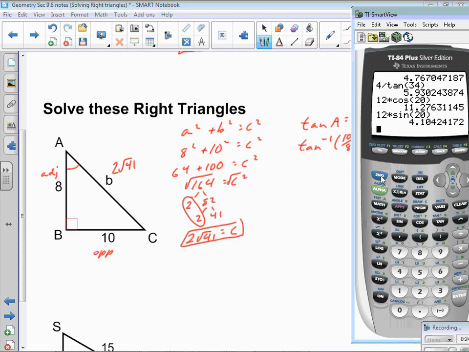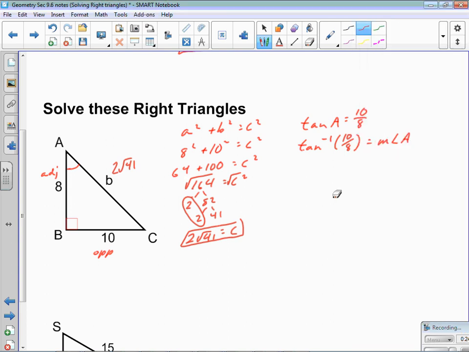It's second function tangent. That's 10 divided by 8. It'll be 51.34.